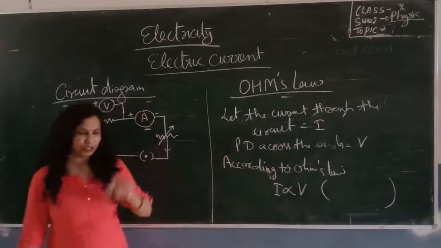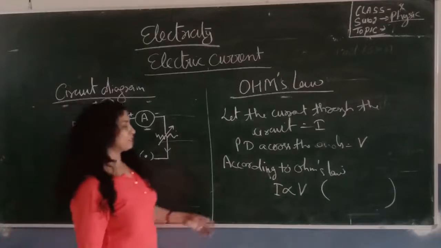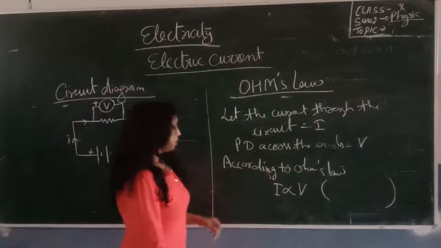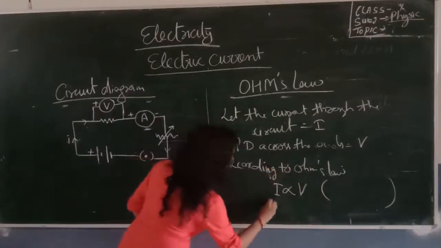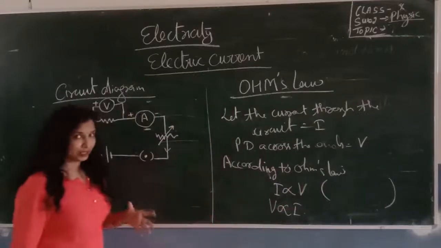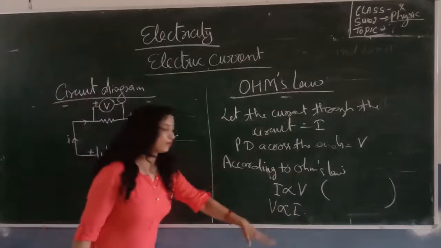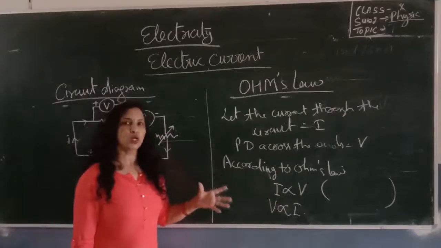It's very important that you should write it at constant temperature, because by changing the temperature the conditions change. So you will write here at constant temperature. We can also write it like this: V is proportional to I. And we always know that if we want to remove this proportionality sign, we have to write the constant here.